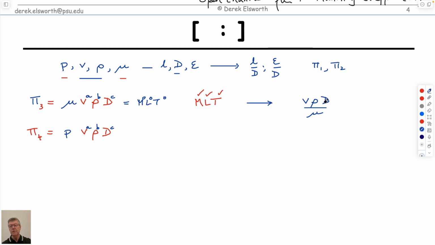So it wouldn't be this, it would be the reciprocal of that. It would be the same units, but it would be viscosity over V rho D. In other words, A would be equal to -1, B would be equal to -1, and C would be equal to -1. And this is 1 over Reynolds number.